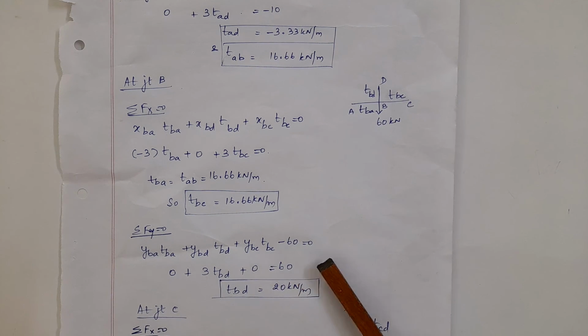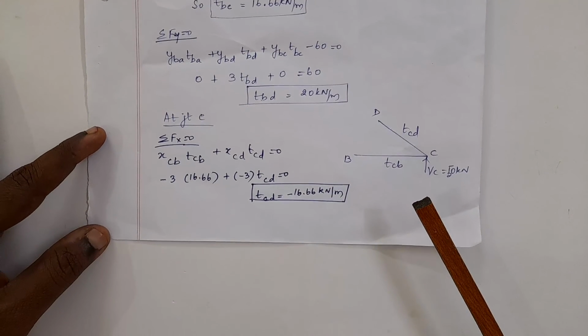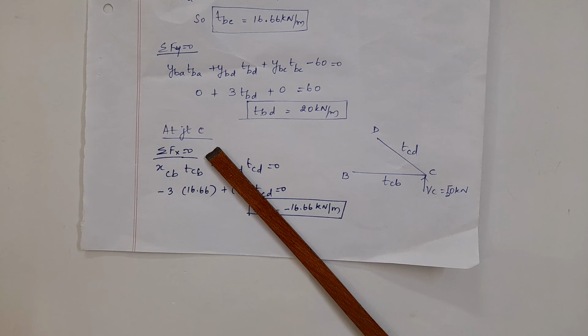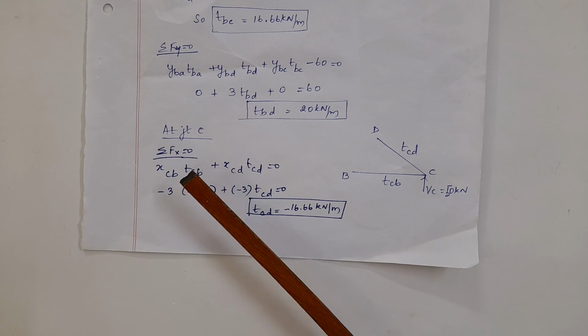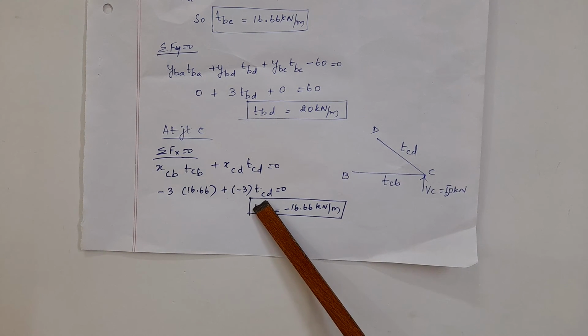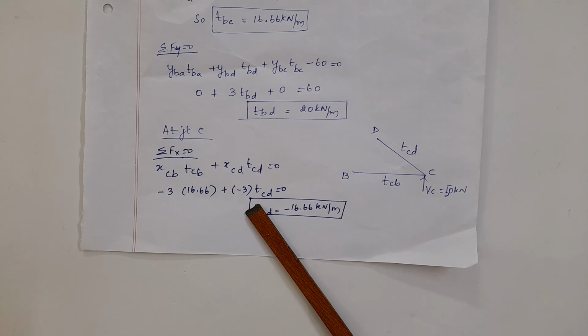Now only one member is left. I can go to joint D or I can go to joint C. Just tension coefficient of one member is unknown, so I can make use of any one equilibrium equation so that I can find the unknown, that is the tension coefficient in the member CD or DC.